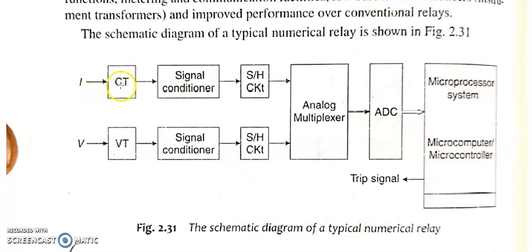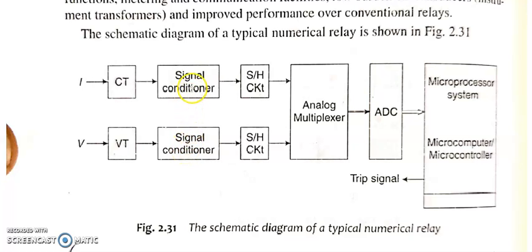Current is given to the current transformer and voltage to the voltage transformer. The current transformer reduces the high current to a low current applicable to the signal conditioner. Similarly, high voltage is converted to low voltage and given to the signal conditioner.